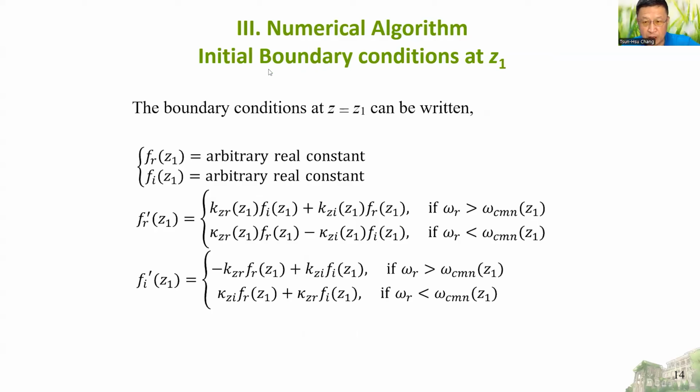More information on the numerical algorithm. Initially, we have the initial boundary condition at Z1. The boundary condition at Z1 can be written as given: f of Z, real part, imaginary part, arbitrary real constant. So at the left-hand side, the boundary condition can be written in this form for this case.